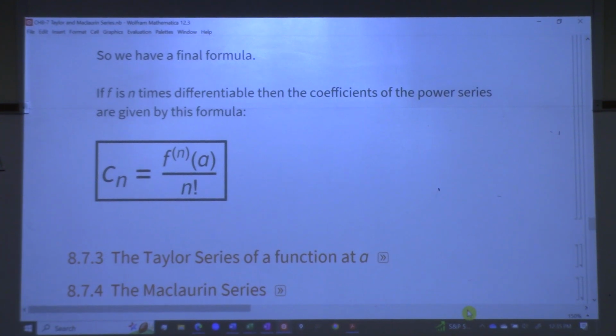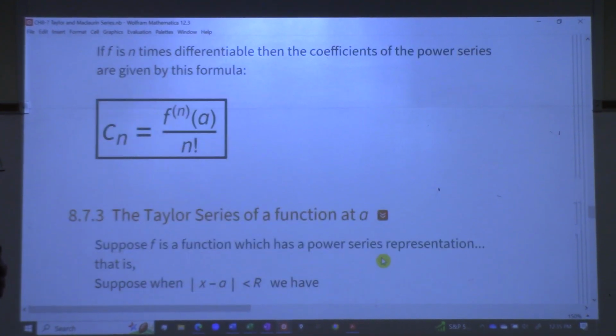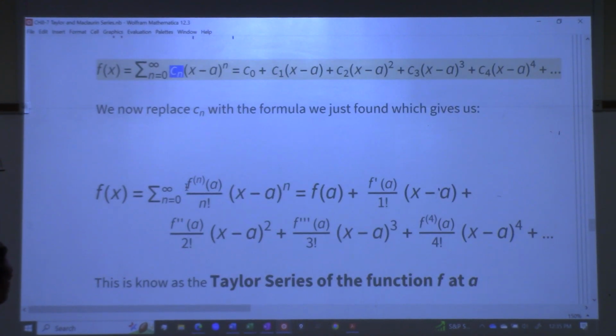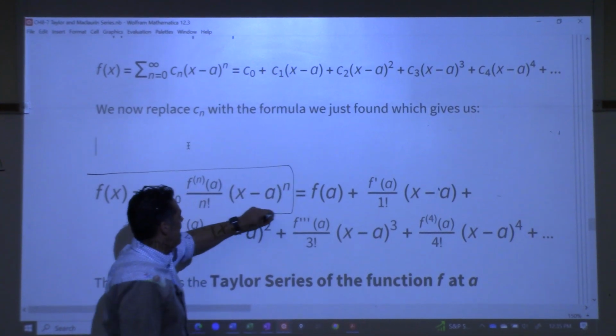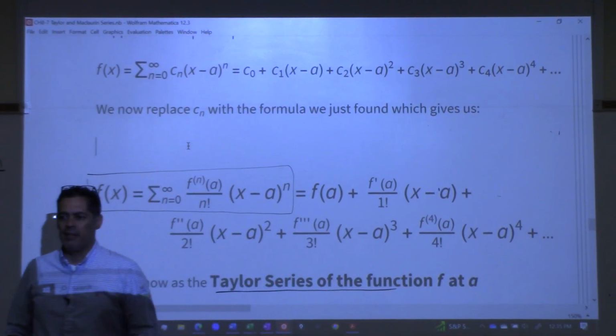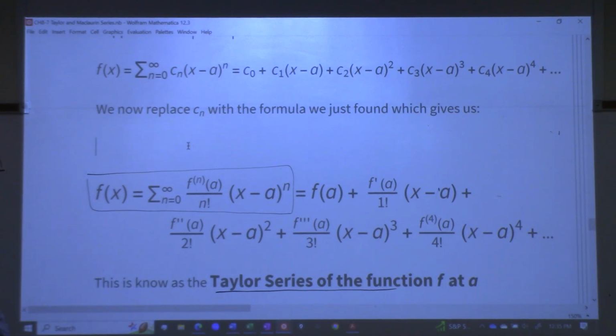And then what we can do is go back to our original formula for power series, and replace the C sub n with that formula, okay? This new formula right here has a name. It is called the Taylor series of the function at A. So if you give me a function and you ask for the Taylor series, that's what we're looking for.